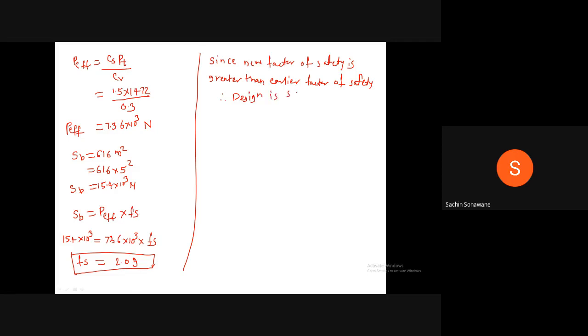Design is safe and module M is equal to 5 mm.